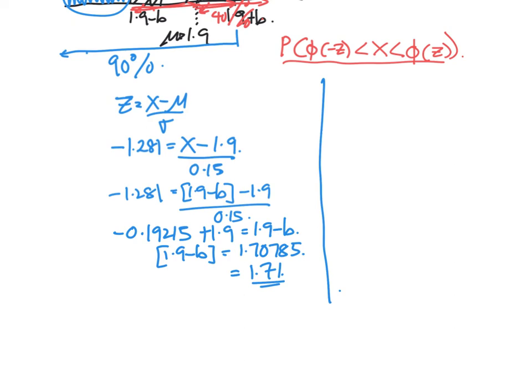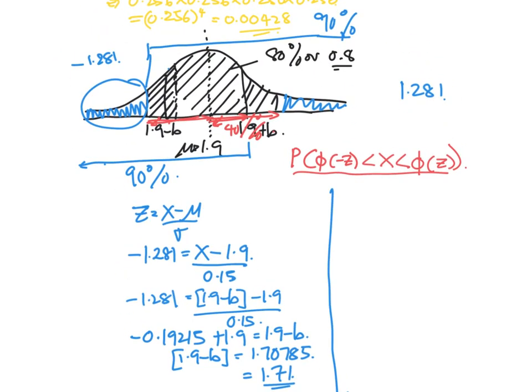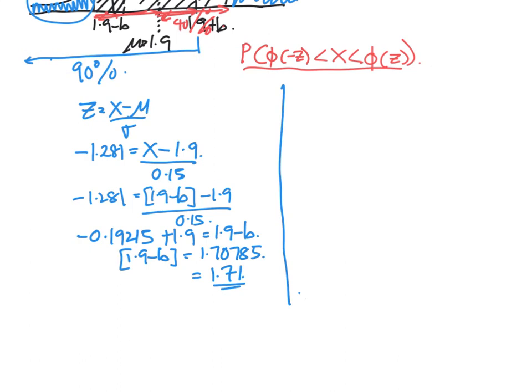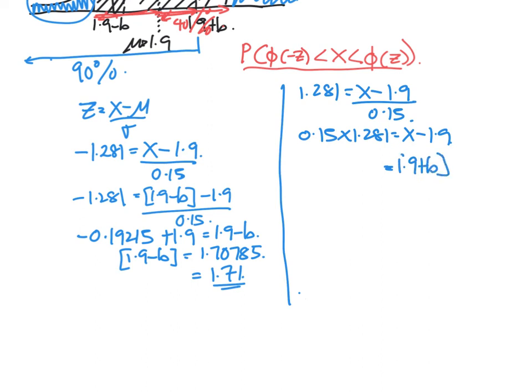Whereas for the upper limit, just now we took negative, now towards the right we take positive. Positive 1.281 equals x minus 1.9 over 0.15. So 0.15 multiplied by 1.281 equals x minus 1.9. X is 1.9 plus b, that's what it means, minus 1.9.